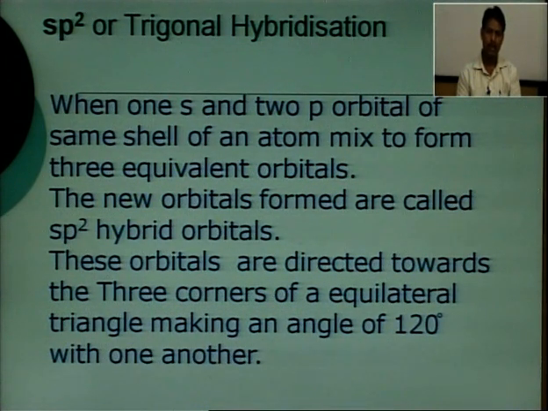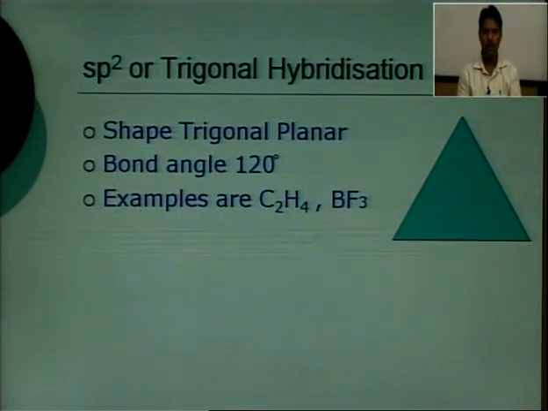It is also called trigonal hybridization because the angle between them is 120. The shape is trigonal planar, the bond angle is 120. Examples are C2H4 and boron trifluoride.